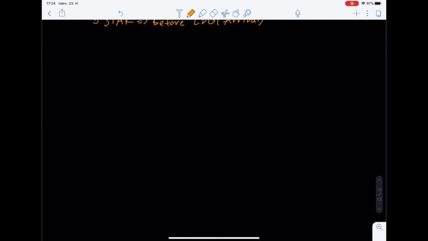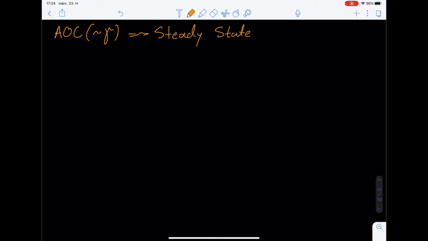So just as a refresher, how did we calculate this angle of climb or flight path angle? Let's start from the steady state climb condition. In the steady state climb condition, it was a fairly simple situation.